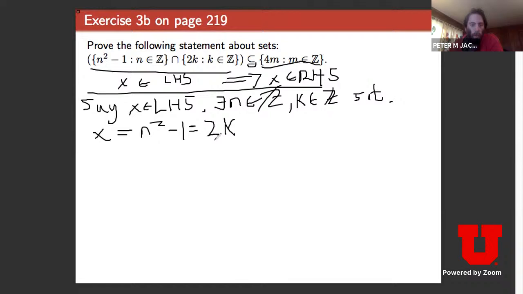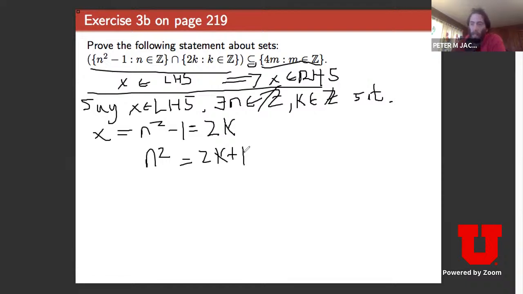Okay, adding 1 to both sides. All right, we can try, yeah, and state that n squared is odd. Okay, so you're trying to show that n squared is odd. Okay, so that's a good idea. So let's try that. If we add 1 to both sides, as Ethan is saying, then we end up with n squared is 2k plus 1. So this means that n squared is odd.